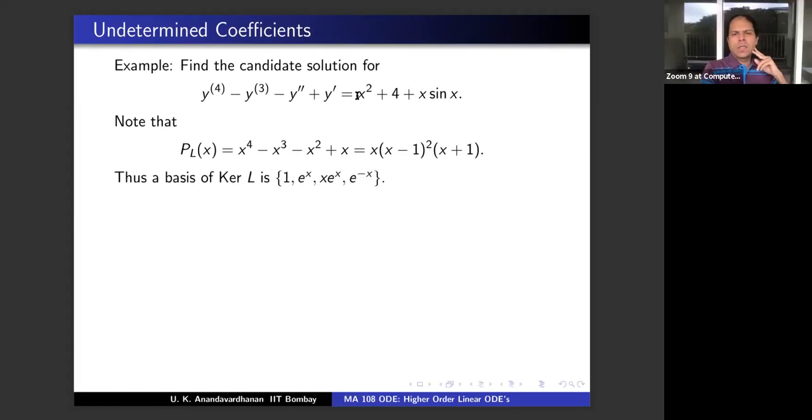And now these are sub problems, right? How many sub problems do you have to do here? 3. x sin x is one problem and x square plus 4 is another problem. You don't have to do this separately because it's a polynomial anyway.